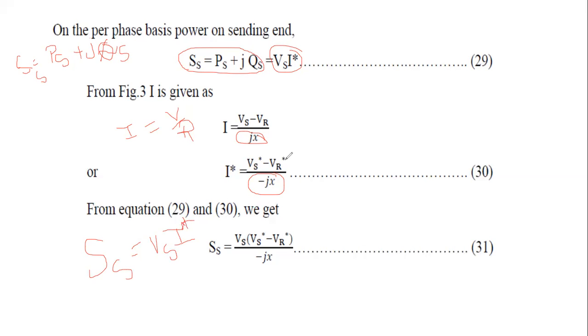We already calculated the I conjugate value, that is (Vs conjugate minus Vr conjugate) by minus jX. Substituting this I value, we obtain Ss equal to Vs into (Vs conjugate minus Vr conjugate) by minus jX. Clear?